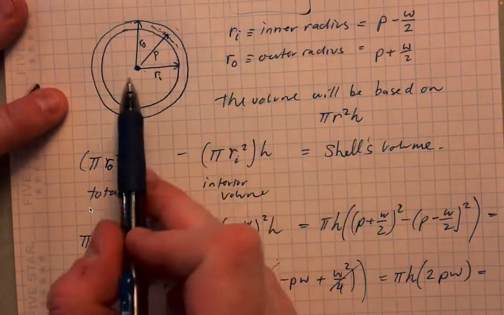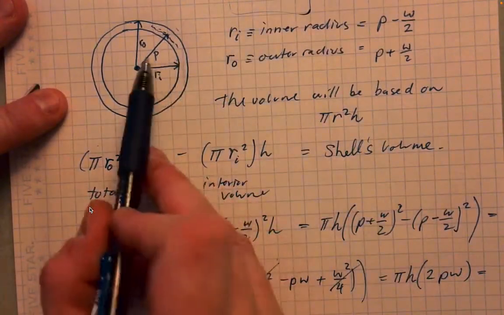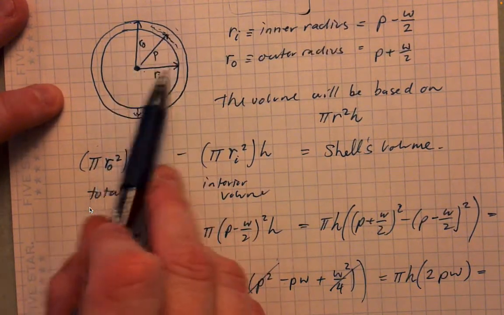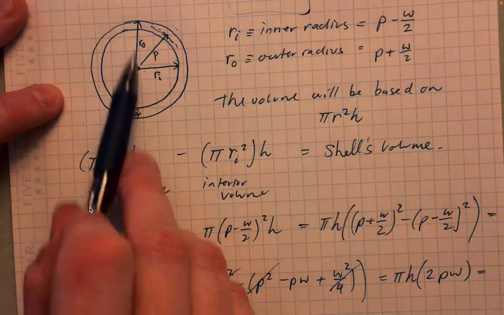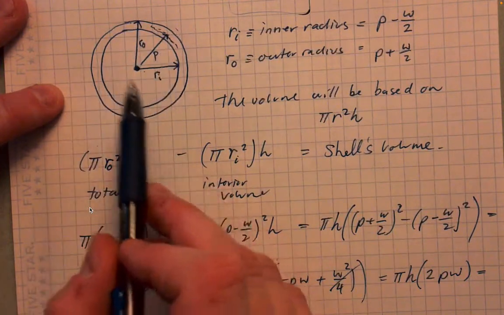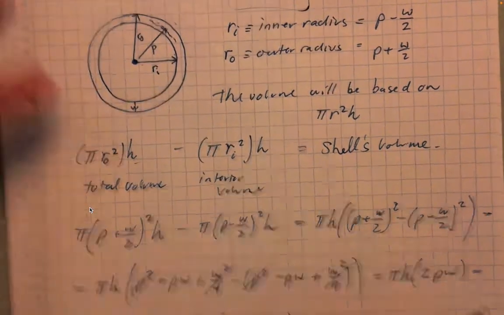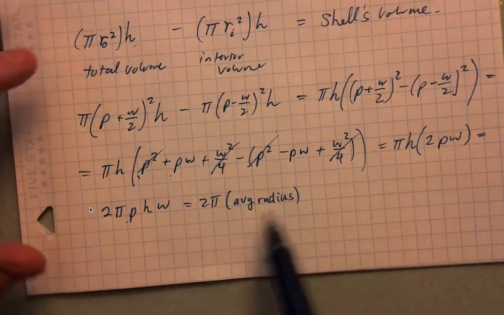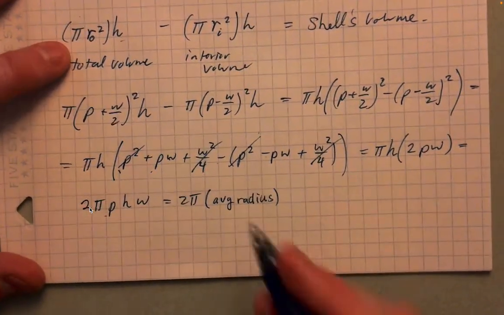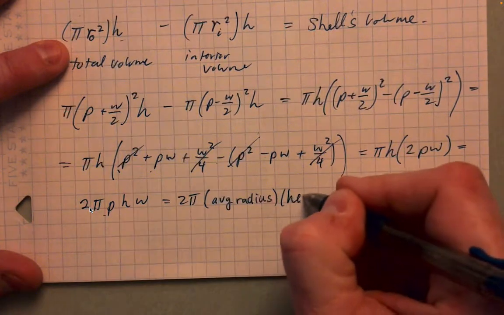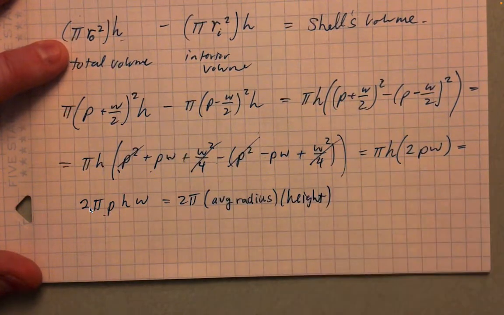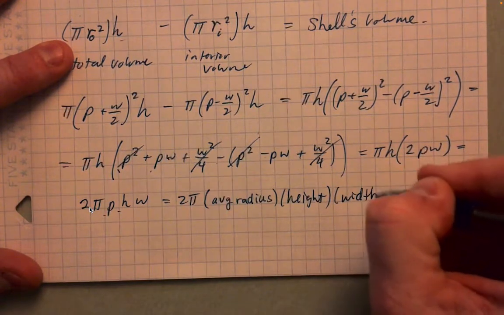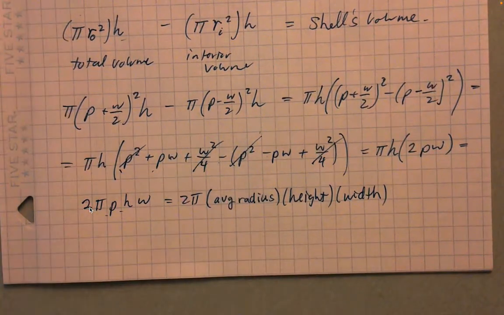Well, there are two radii, the inner radius and the outer radius, and P is right in the middle of those two. So if you take this number plus this number and divide by 2, you get P every time. So it's the average radius. It's also the radius to the center of the shell, if you prefer to think of it that way. H is the height of the shell, and W is the width of the shell.